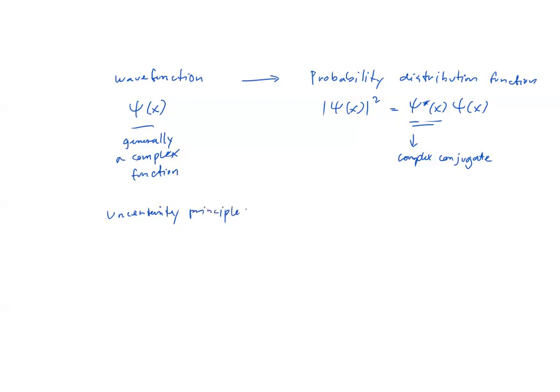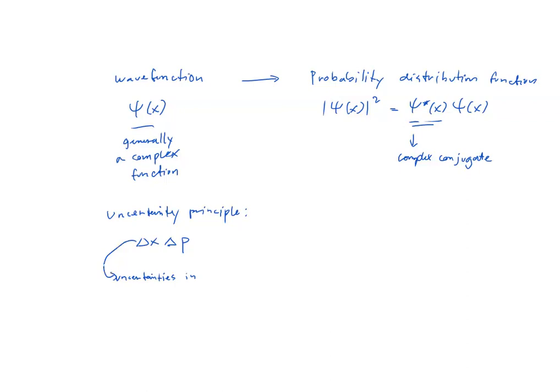Ang uncertainty principle, it talks about two uncertainties. We have error or uncertainty. Pwedeng tawagin nga yun, no? Uncertainty in the first one, since x ito, we define x as the position. Okay.